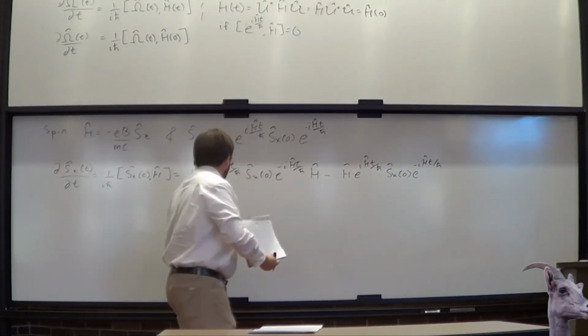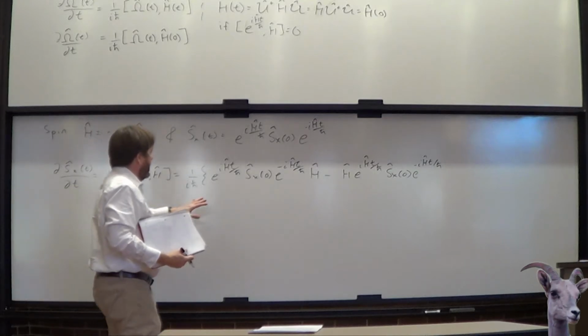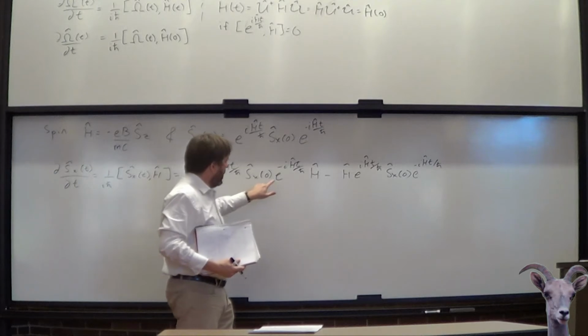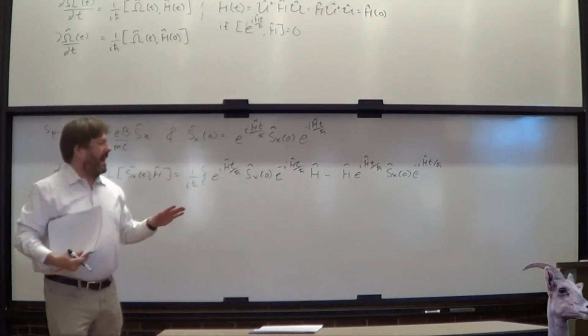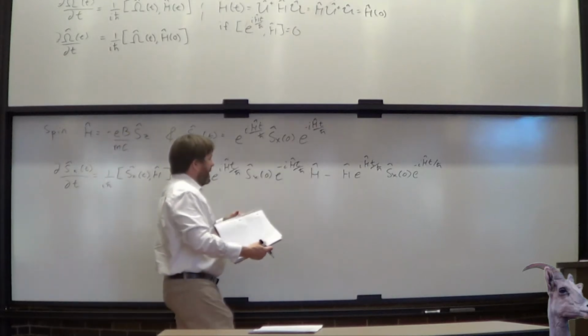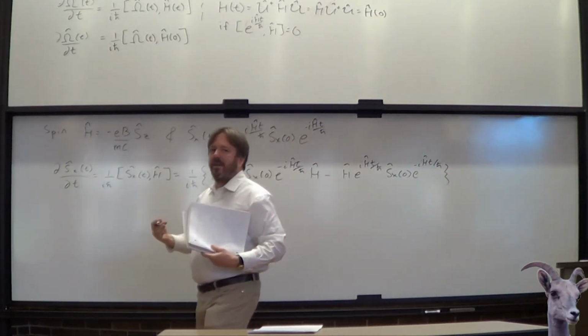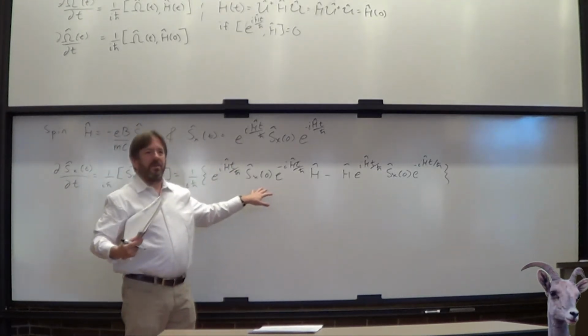Now, one of the big lessons here is all operator, operator, operator, operator. I have 4 operators in a row. And it's great if we can rearrange the order for some convenient reason, but you can't unless you have some extra information.